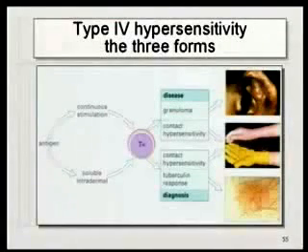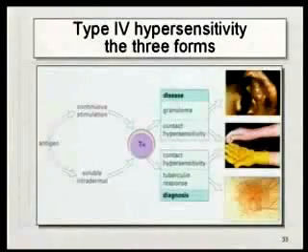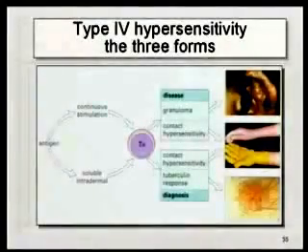So contact dermatitis can be both chronic exposure as well as intradermal or dermal exposure. Those are different manifestations. We have already gone through that. Okay, so that's the type 4 hypersensitivity.